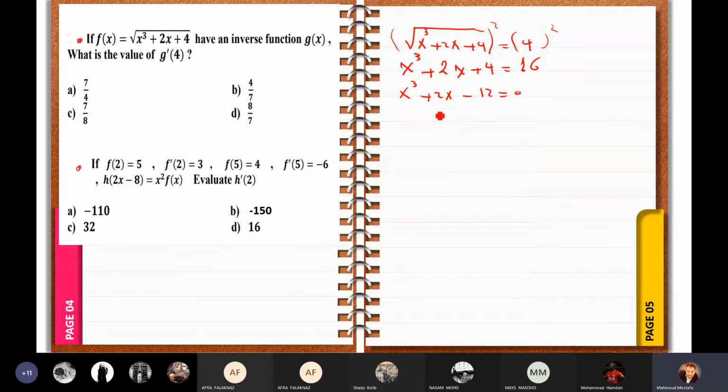You can use your calculator to solve this one. You will get only one real solution. x is equal to 2. One real solution, 2. Okay? You know how to solve using the calculator? I can explain if you want.